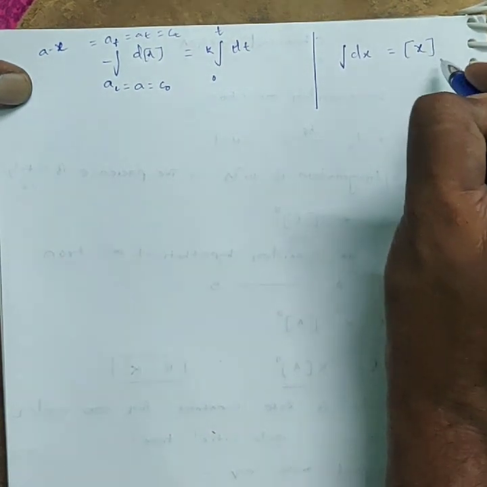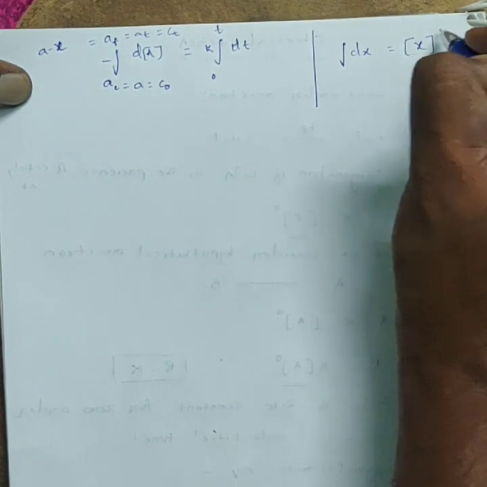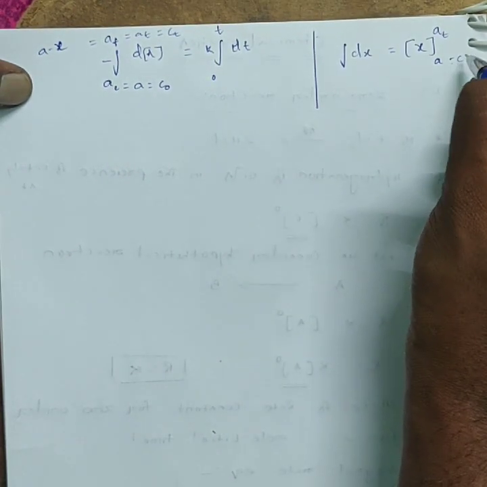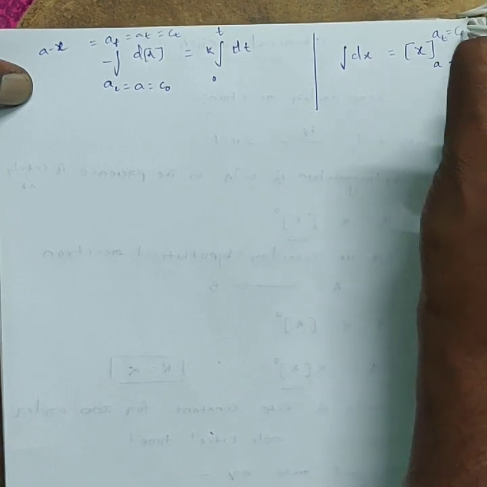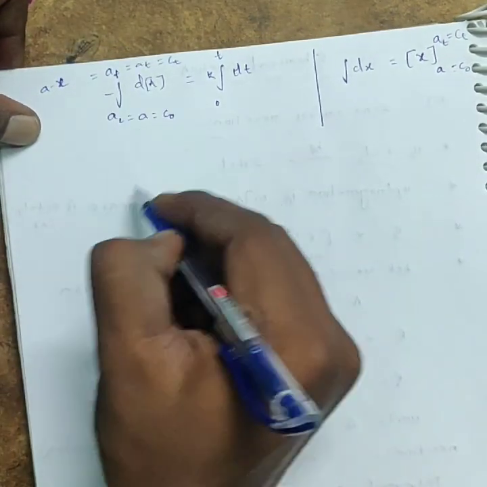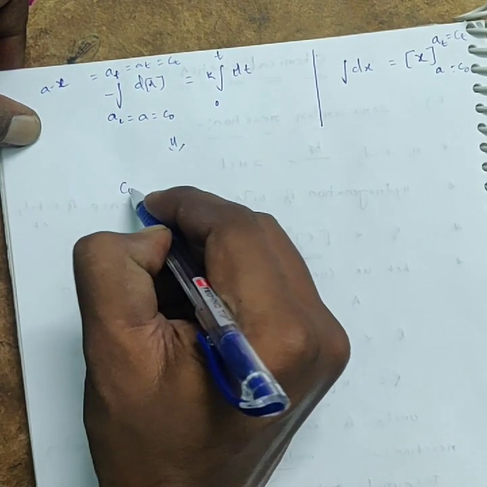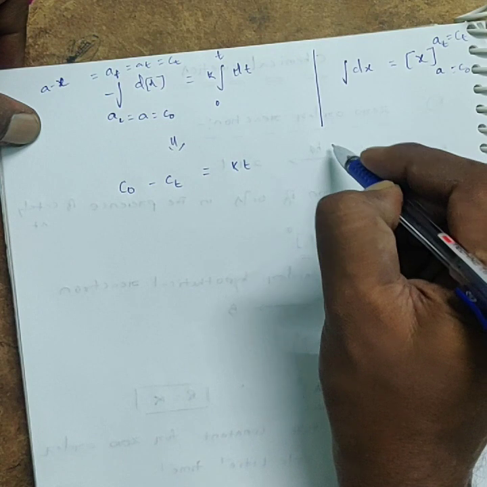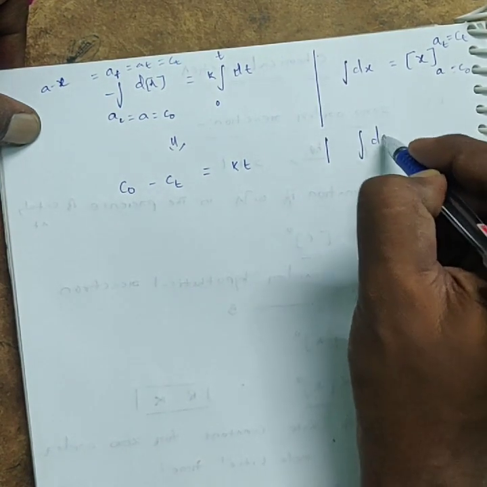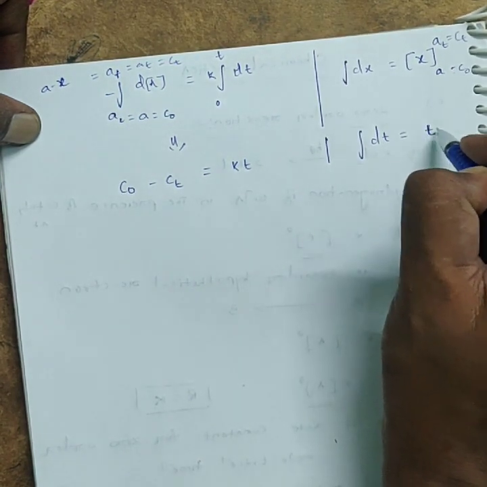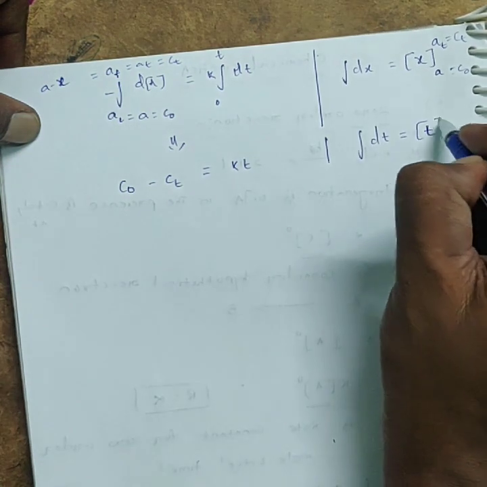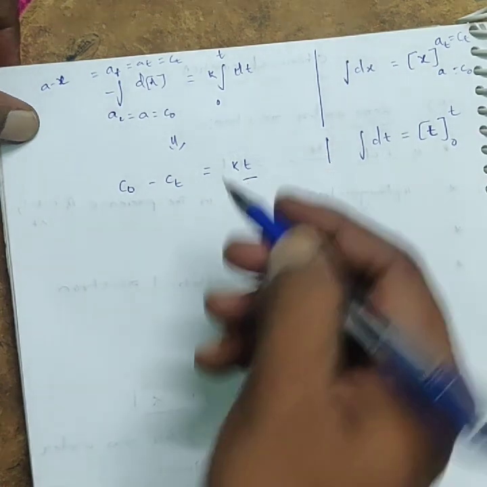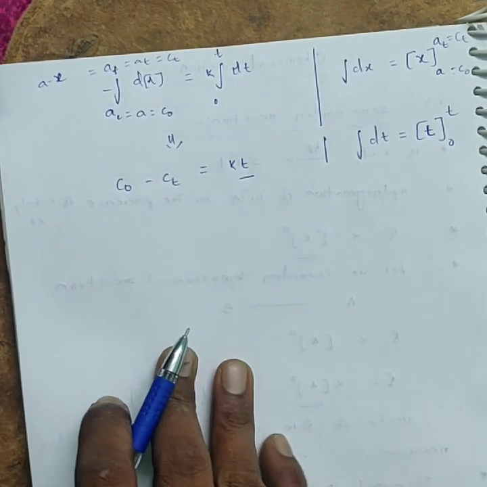Limits are a to a minus x, that is C0 to Ct. So shall we write directly here C0 minus Ct is equal to Kt, since integration of dt is equal to t. Here the limits for time are 0 to t, so that is the reason why here we get only time period.